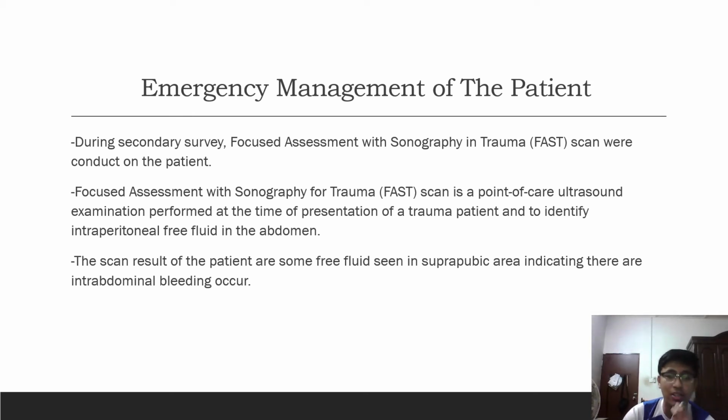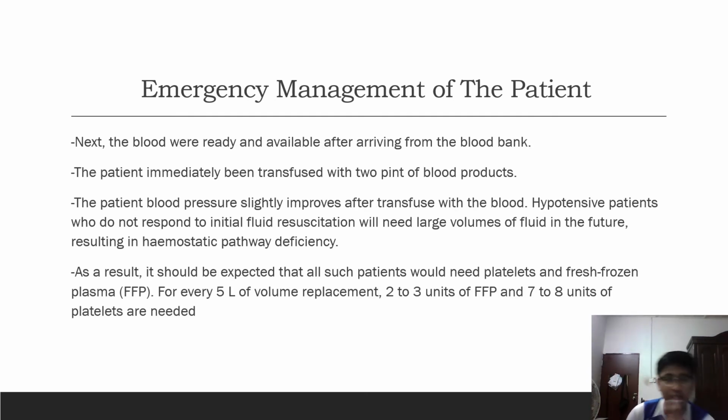The scan result of the patient showed some free fluid seen in the suprapubic area, indicating there was intra-abdominal bleeding. After the first scan was done, the blood was ready and available after arriving from the blood bank. The patient was immediately transfused with 2 pints of blood products. The patient's blood pressure slightly improved after the transfusion.